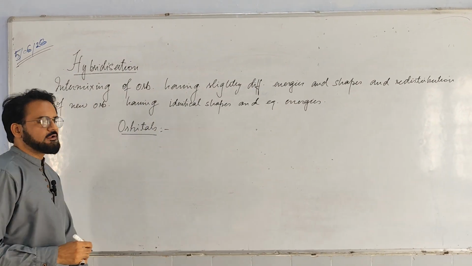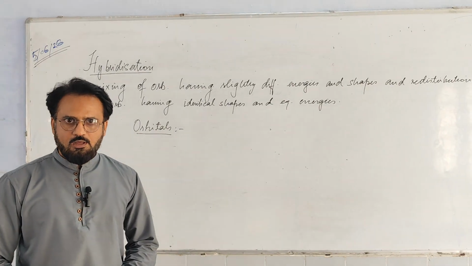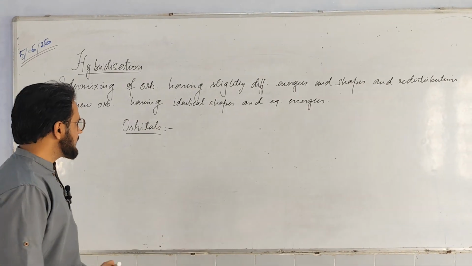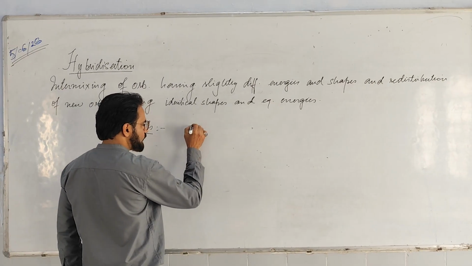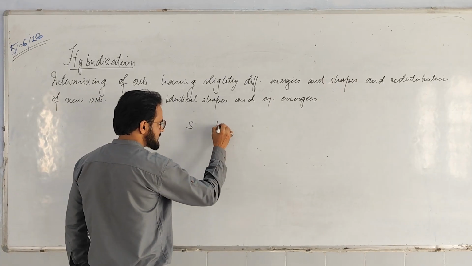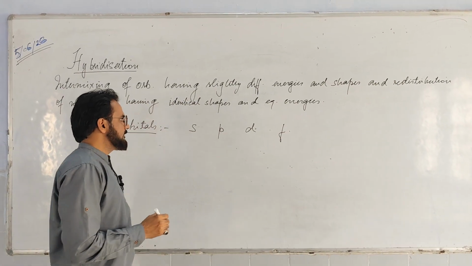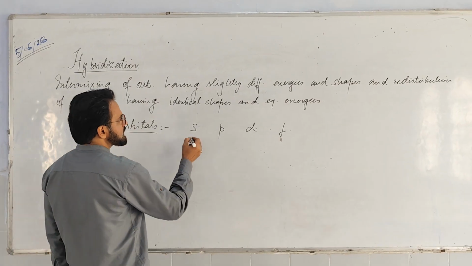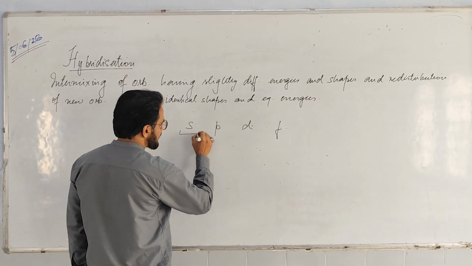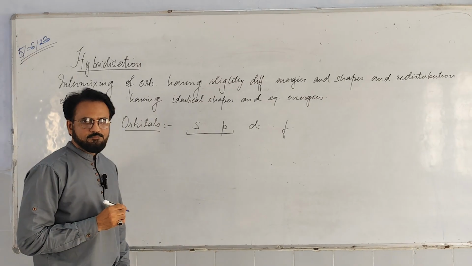An orbital is the place where electrons are accommodated according to Hund's rule, and there are four types of orbitals: s, p, d, f. But in class 11 we are taking only the hybridization involving s and p.